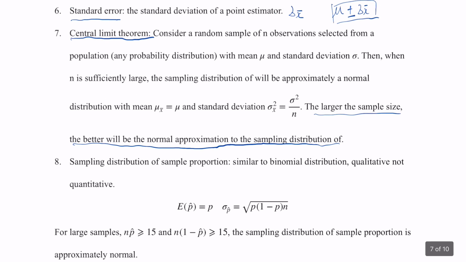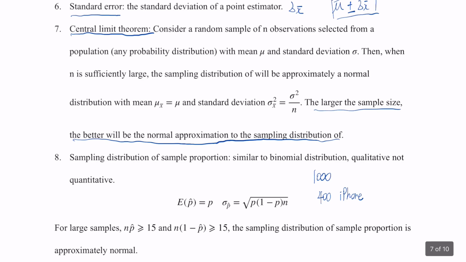The next sampling distribution is the sample proportion. Like the example I just mentioned, if you want to know the proportion of people in China who have an iPhone, you need to get a sample, say a sample of 1,000 people, and you find out that 400 of them have an iPhone.